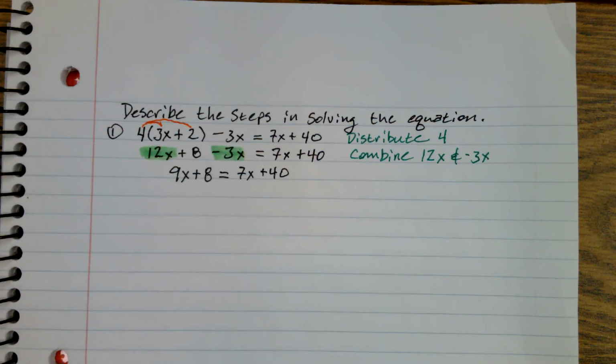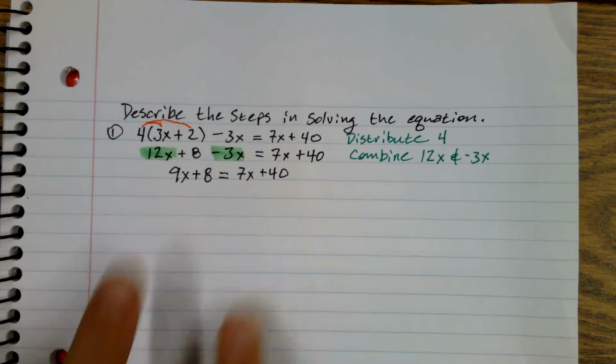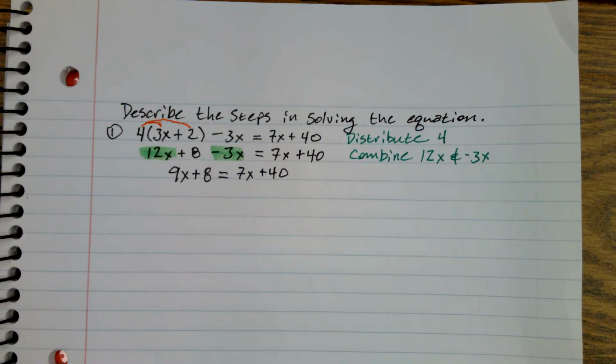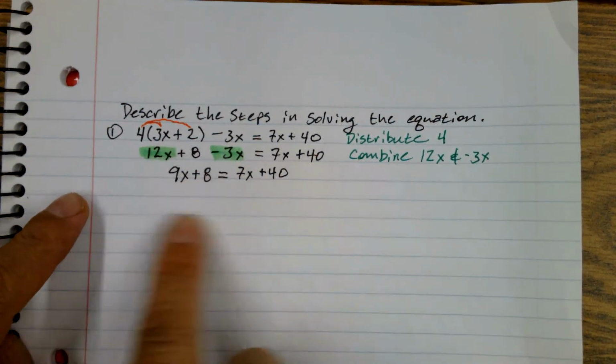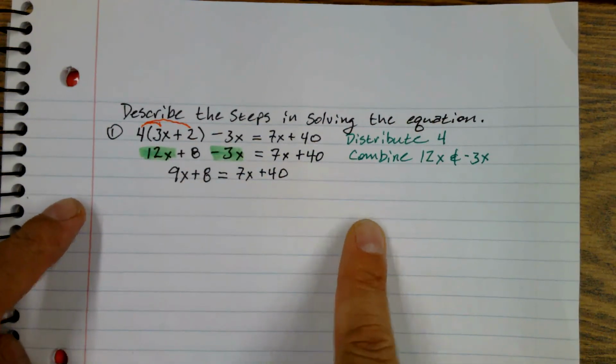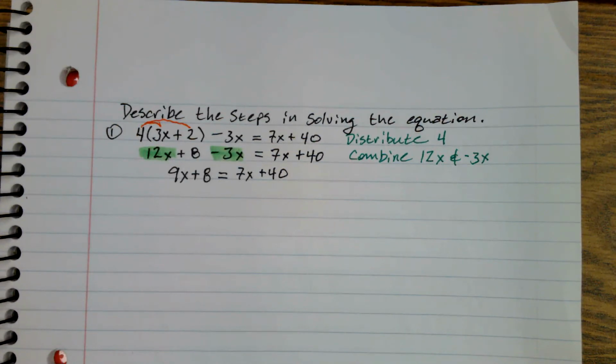That's not quite what we want to do. Before we do that, look at both sides of the equal sign. Do you have variables on both sides? Yeah, I have variables on both sides. So after you combine on either side of the equal sign, see if there's variables on both sides. If there are, you got to take care of that first.